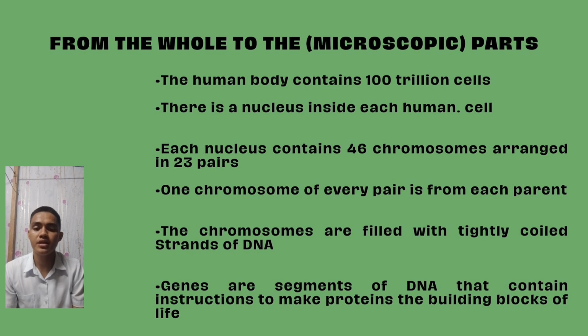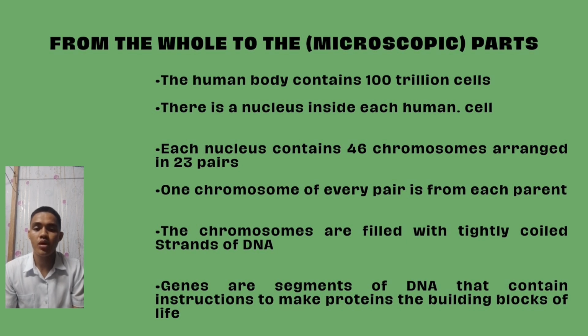The human body contains 100 trillion cells. There is a nucleus inside each human cell. Each nucleus contains 46 chromosomes arranged in 23 pairs.